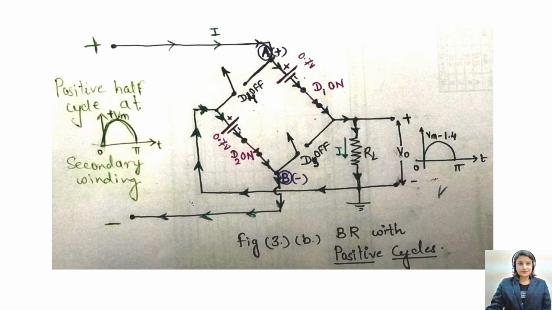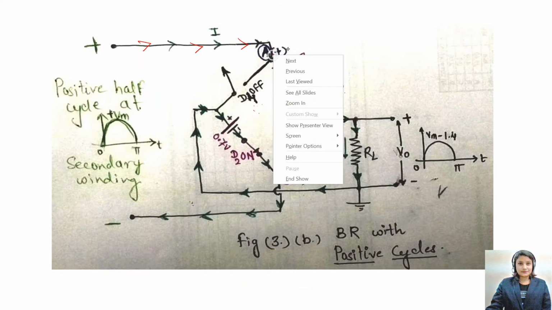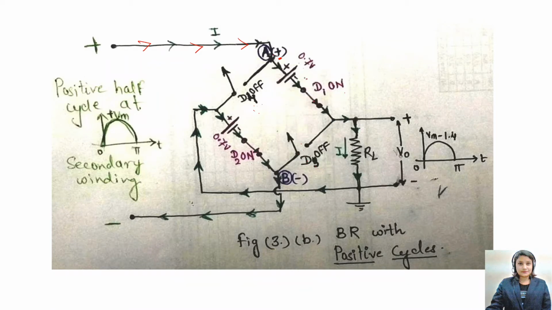Okay, as you know, current always flows from higher potential towards lower. The A point is a positive voltage. So the current from the secondary winding flows through the point A, and the D1 diode is ready to allow the current to flow through it. At this point, the current will never come towards D3 because it is not giving any path.